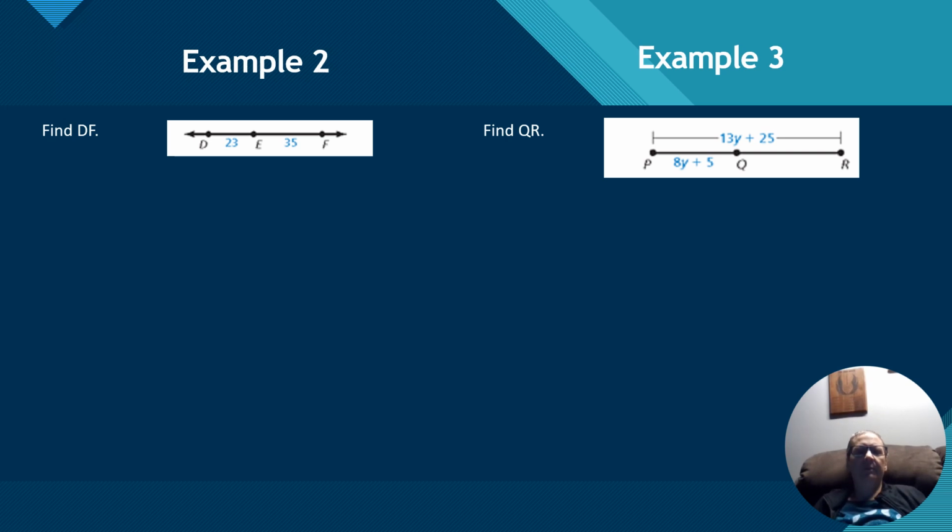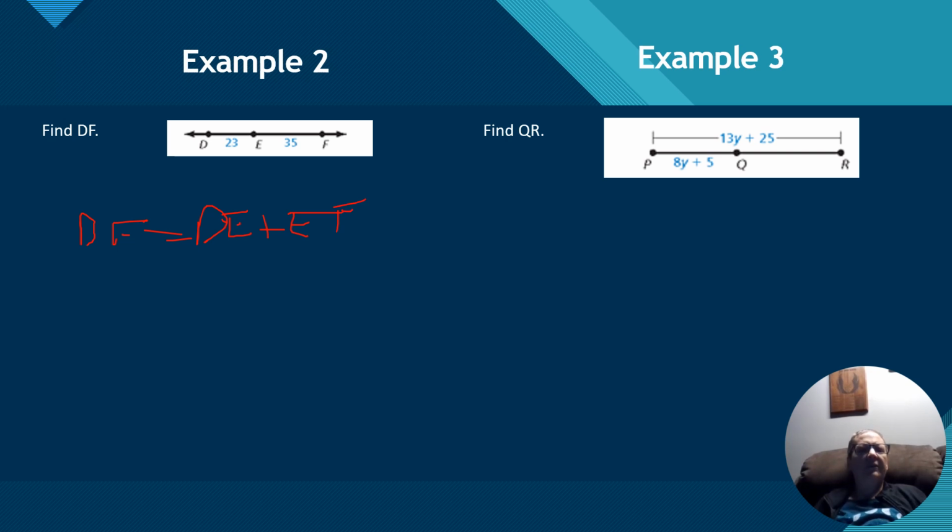All right, in example 2, we're asked to find DF. So this is basically the segment addition postulate. And that postulate says that the entire segment, DF, is equal to the sum of its parts, DE plus EF.